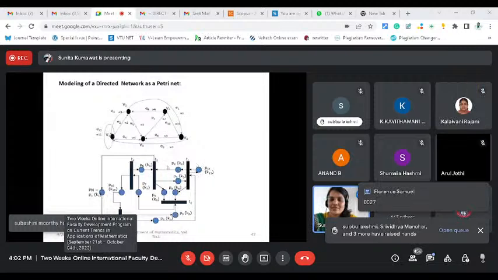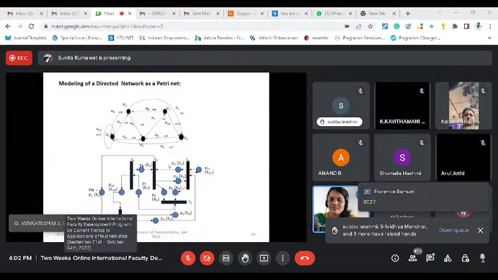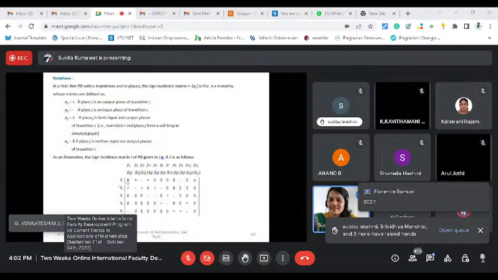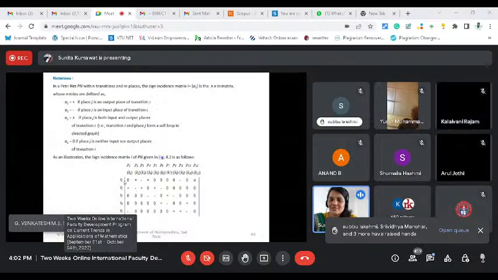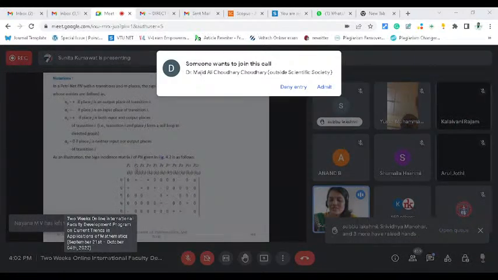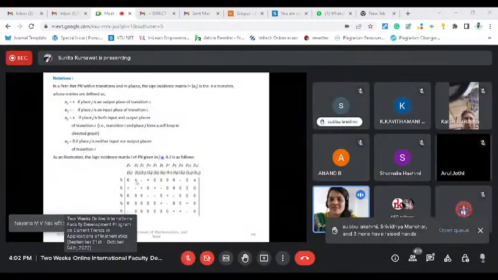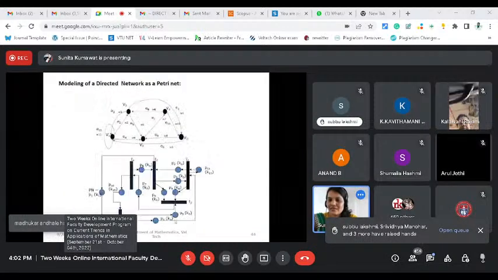So you can see, like for T1, it is plus because P2 is the output place, and P3 is the input place for T1. You can see here, from this place it is coming to this transition, it means this is the input place for T1, so that's why it is minus.